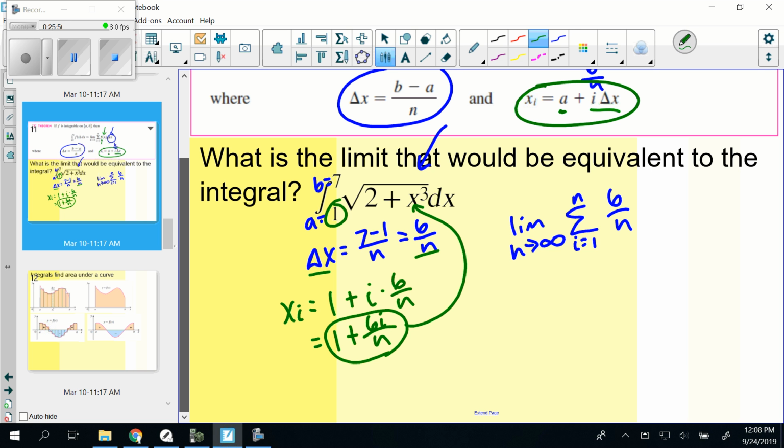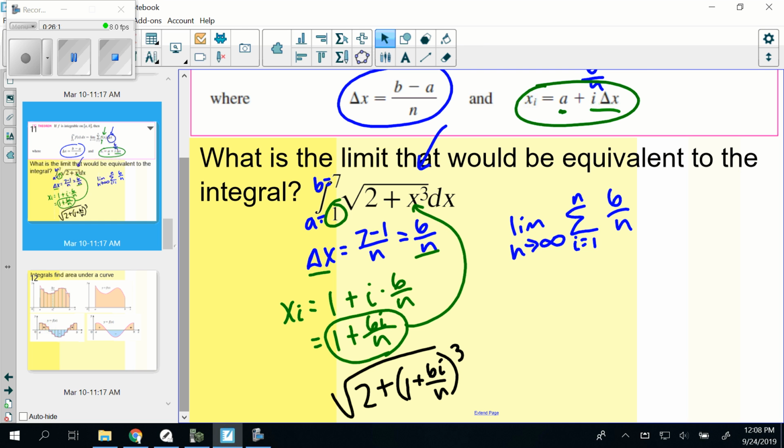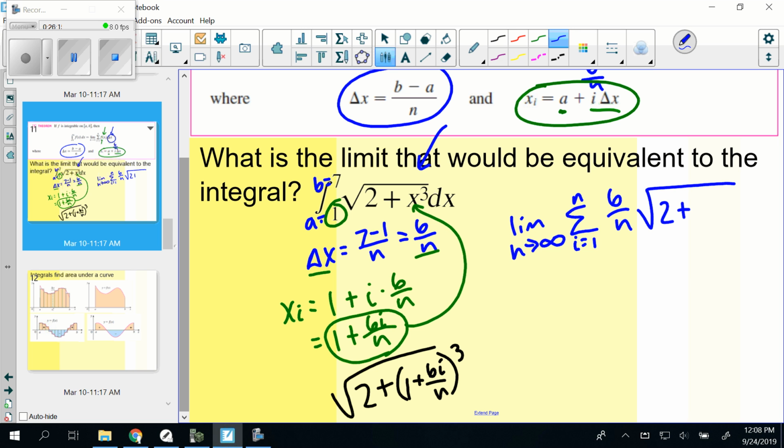So if we plug that into our function for x, with our function being 2 plus something cubed, the something we'd be putting in would be this. So if we want to write this out as a limit, it would be 6 over n times the square root of 2 plus 1 plus 6i over n cubed.